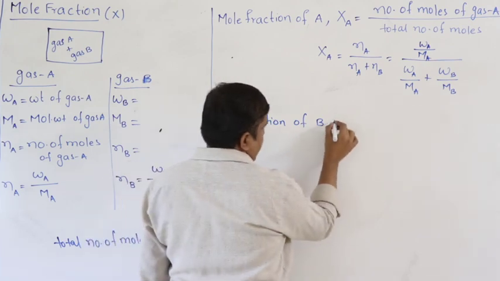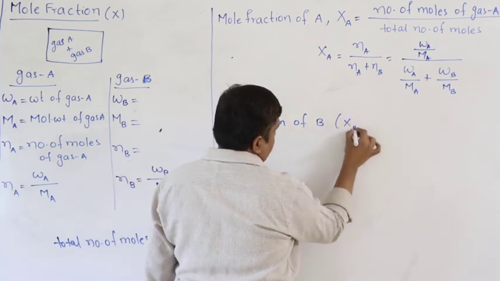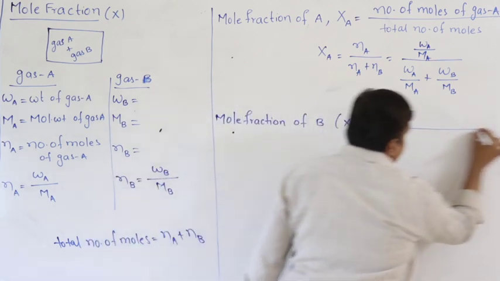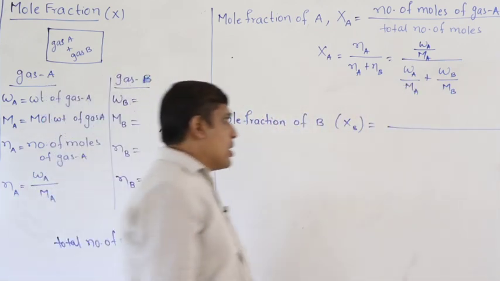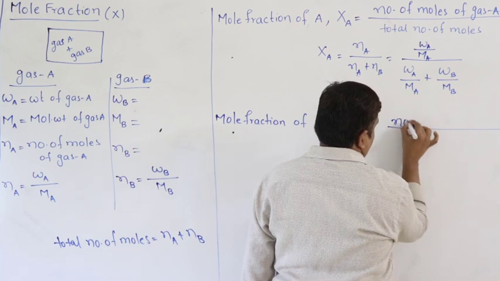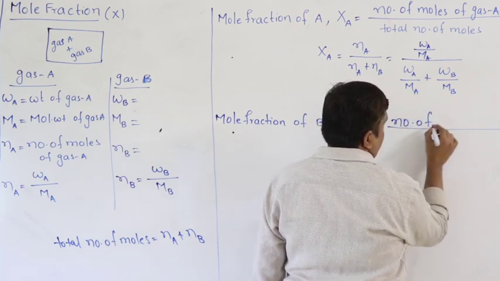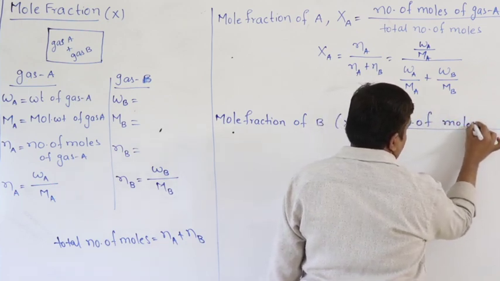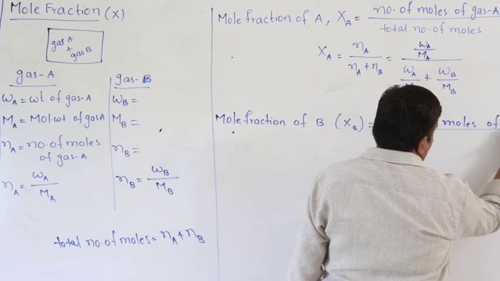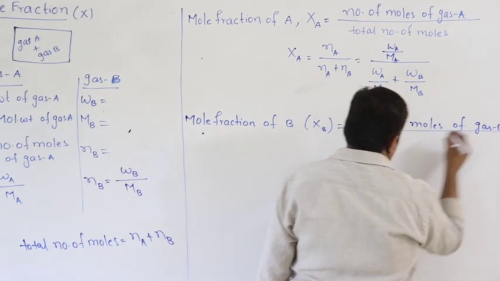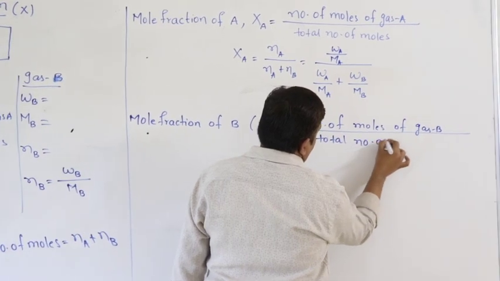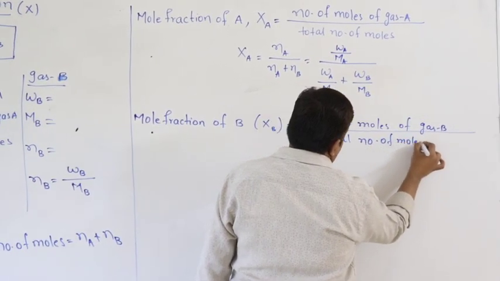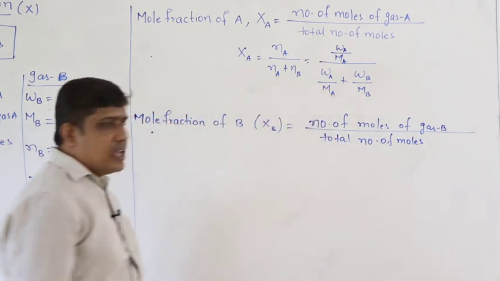Mole fraction of B, that is Xb, is defined as number of moles of gas B to that of total number of moles. It is the ratio of number of moles of gas B by total number of moles of all gases present in the system.